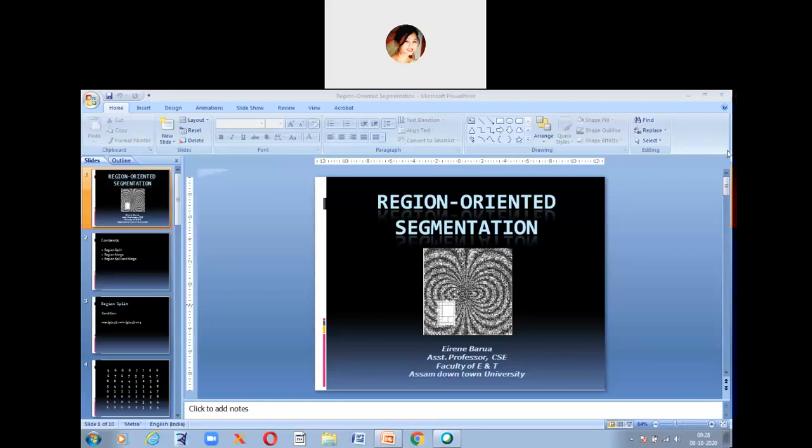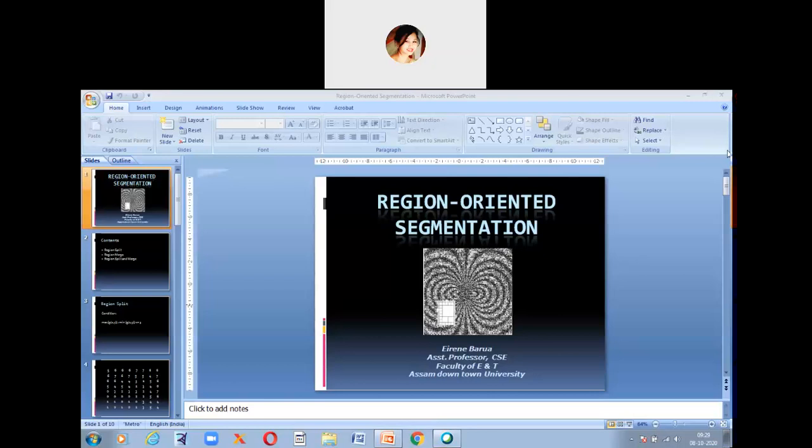So that is image segmentation, and image segmentation has a lot of techniques involved with it. Mainly we spoke on edge detection in the previous class. Then along with it we have other techniques which are also very important in describing image segmentation. One of them is region oriented segmentation.